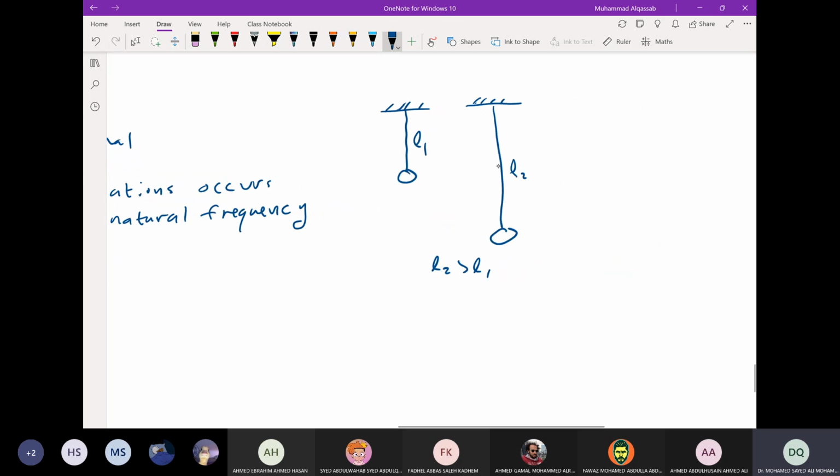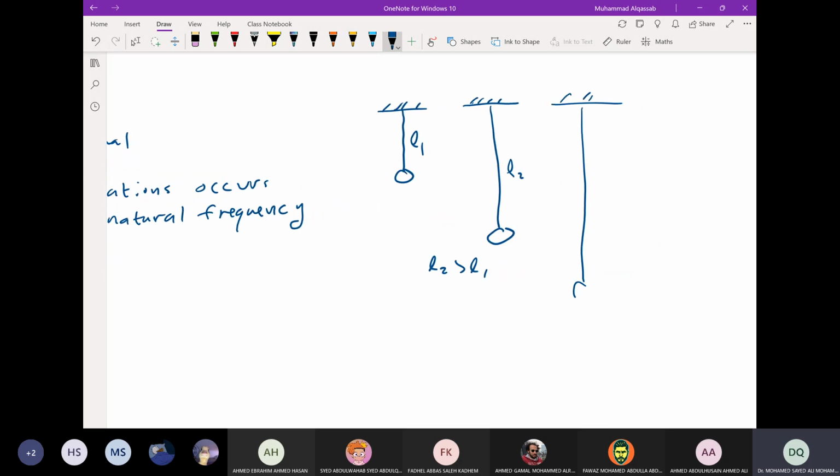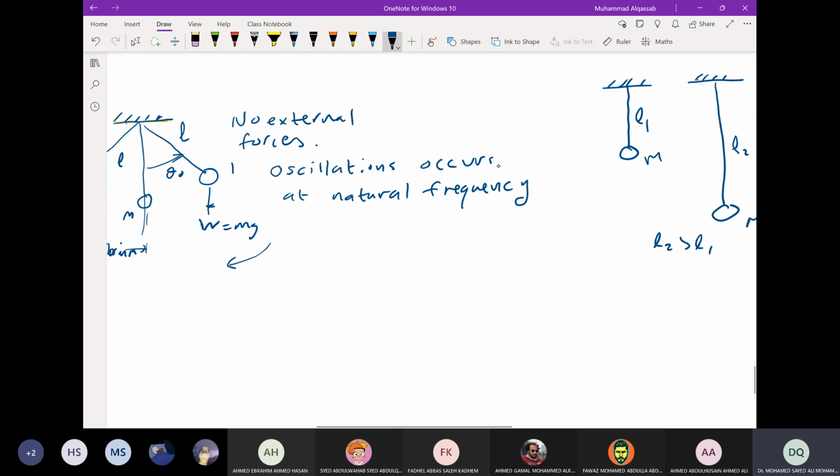Okay, and you can have another example like L3. In each one, if the mass is the same, then the natural frequency, after disturbing and releasing, will be different depending on the length L. For a given pendulum or any system, the natural frequency is constant, assuming it is constant.